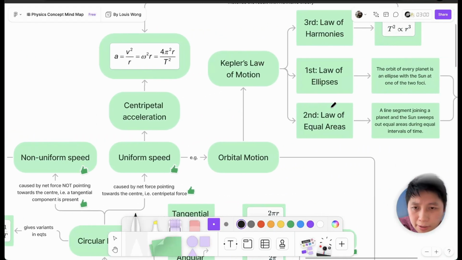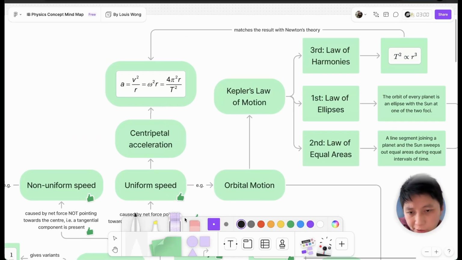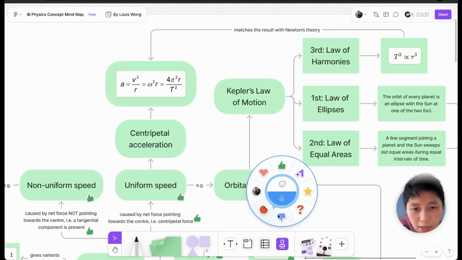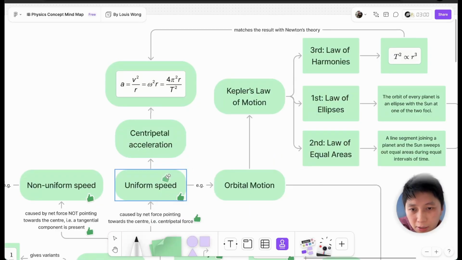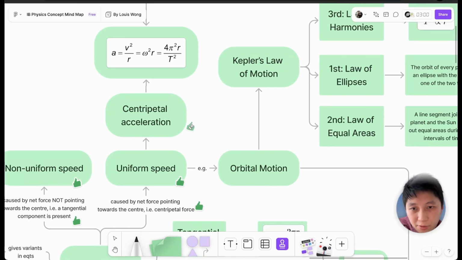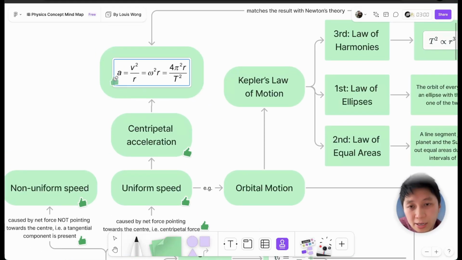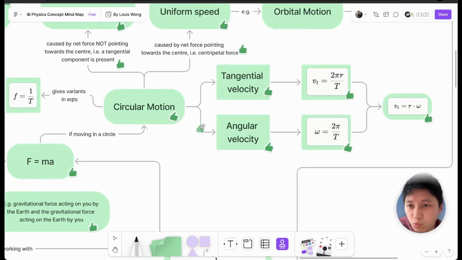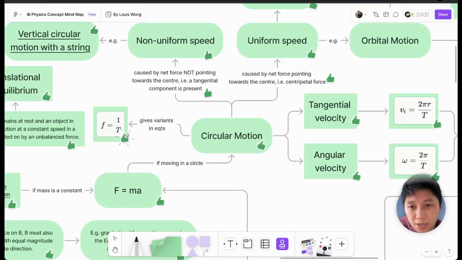For the equation that we have, we are only going to use it for uniform circular motion, which therefore has a centripetal acceleration, still pointing towards the center. The expression is here. One thing I forgot to mention here is the frequency equation. Frequency equals 1 over period.